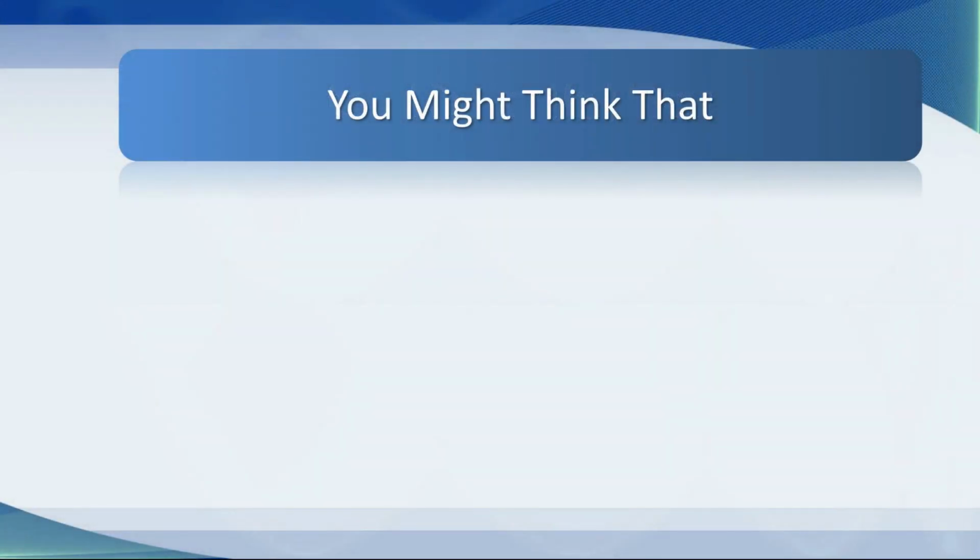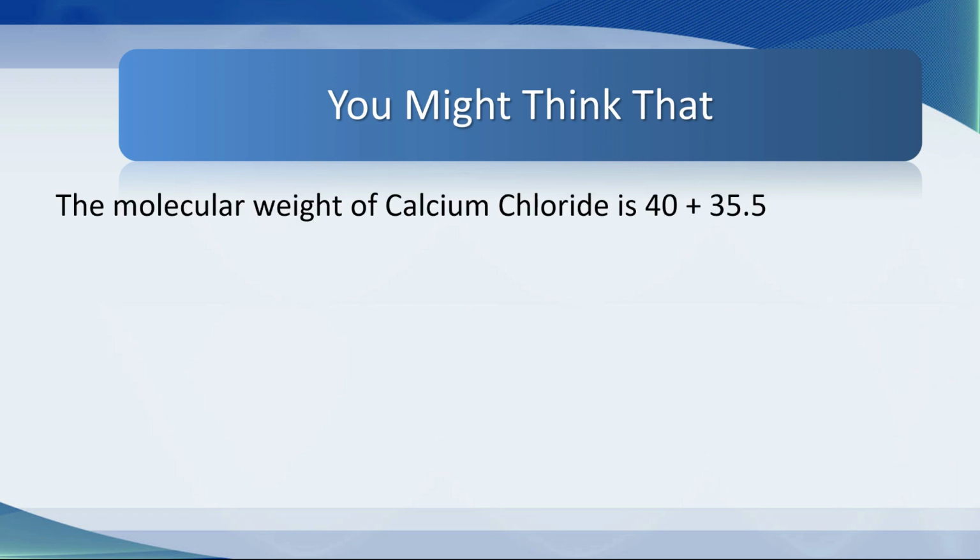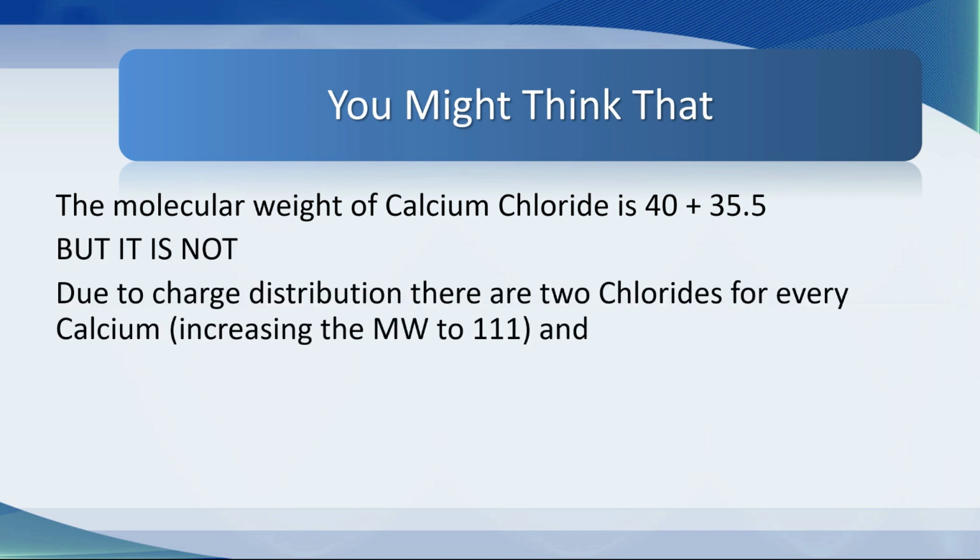So you might think that the molecular weight of calcium chloride is 40 plus 35.5, but it's just not. Firstly, due to the charge distribution, there are 2 chlorides for every calcium. That's because calcium is divalent and chloride is univalent, and that increases the molecular mass to 111.